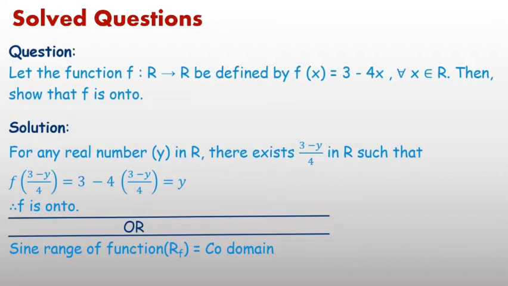Since the range of this function is equal to the codomain, the function is onto. It's a very simple and easy method to prove any question. For onto, just find out the codomain and the range of the function. If range equal to codomain, it means each and every element of the codomain is the image of some element of its domain. Therefore, you can say the function is an onto function.